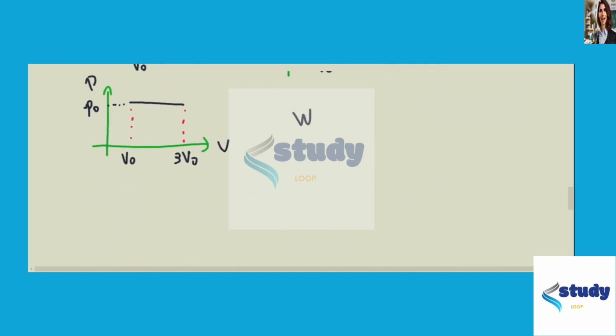So the work is greatest for the isobaric case, and it's the smallest for the adiabatic case.